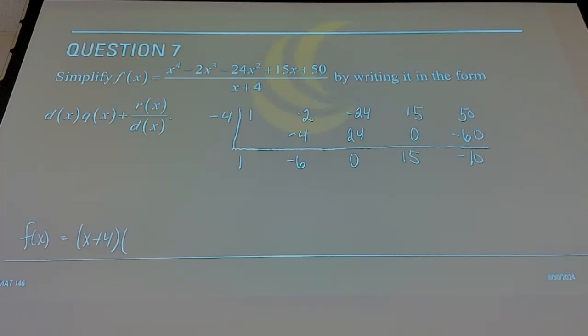What's the quotient? x cubed minus 6x squared plus 15. Remainder. What's the remainder?